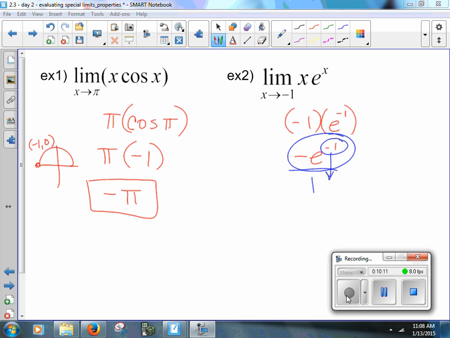I could leave it as -1 up there, because it is negative e, right? But when I take that e and move it to the bottom, what happens to its exponent? It becomes a +1. Remember that? Also remember that a negative sign is treated as a floating negative.